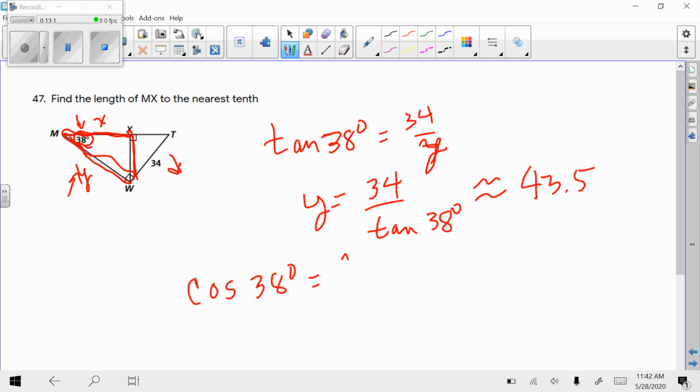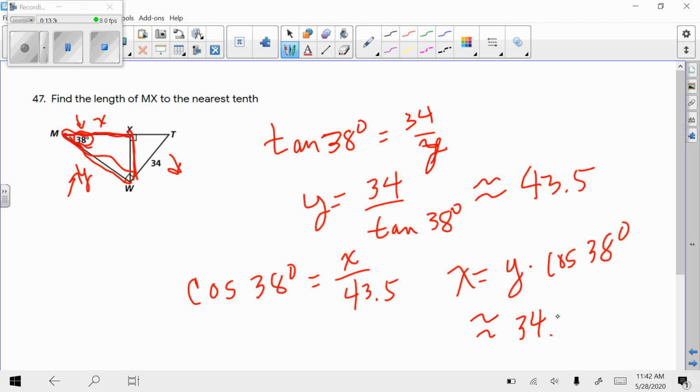So that would be x over 43.5. So x is going to equal our y value, 43.5, times the cosine of 38. And that equals, I get about 34.3.